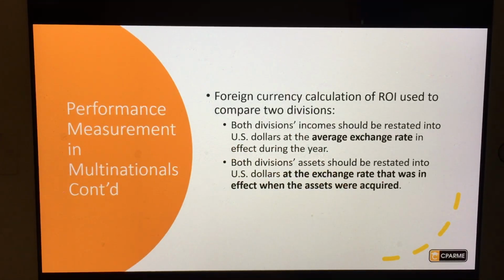And ayan, foreign currency calculation of ROI used to compare two divisions, diba? Kapag dalawang division, yung isa nasa ibang place, yung isa nasa ibang place rin, dapat naka-restate yan into a common exchange rate. Again, the point is, don't compare apples to oranges, diba? Apples to apples, oranges to oranges.